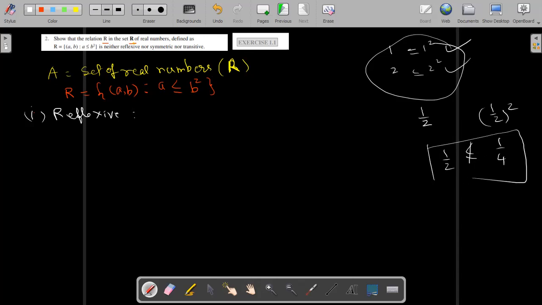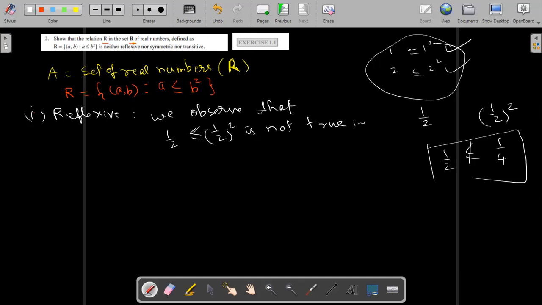But when we write 1/2 or any other example, we can observe that for reflexivity, we could write like this also. One example: 1/2 is less than or equal to (1/2) squared is not true.